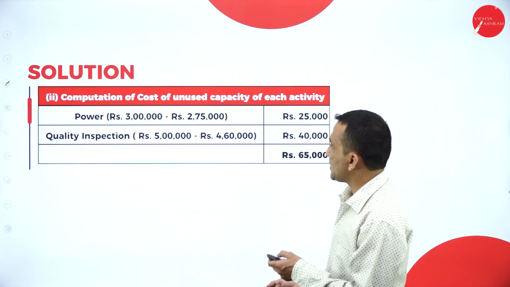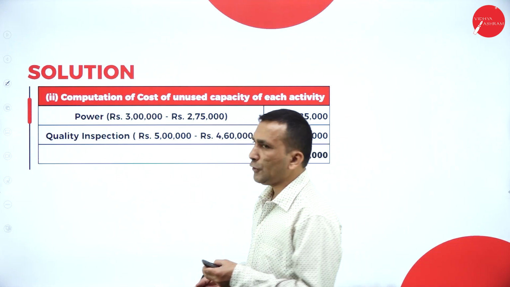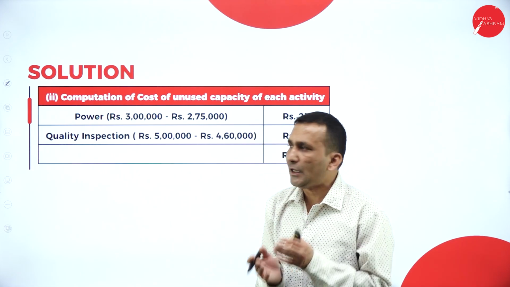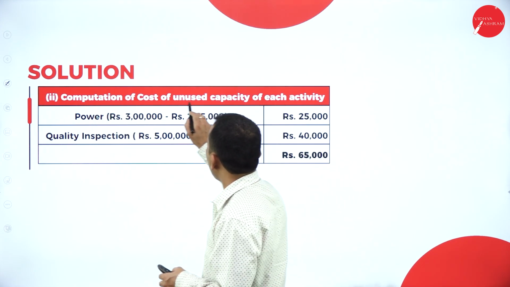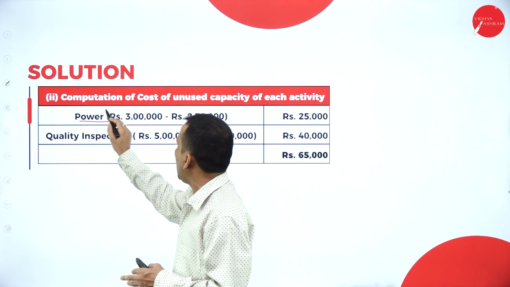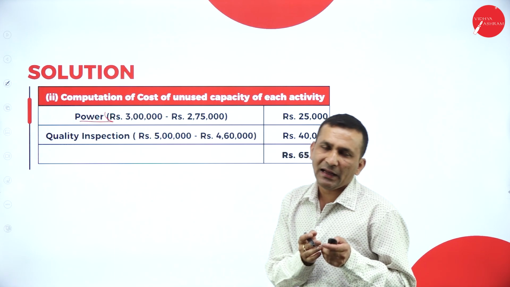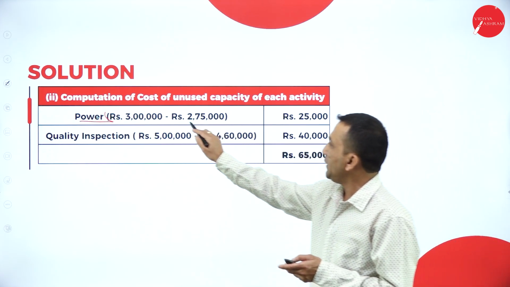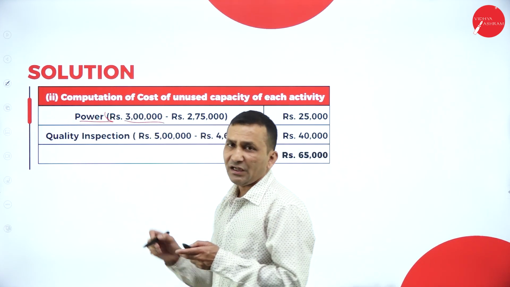So moving to the next question, which is related to unused capacity. You need to find out the cost of unused capacity of each activity. For the power activity, we have 3 lakhs, the value given in the question.